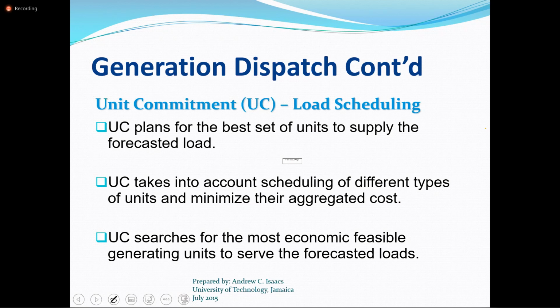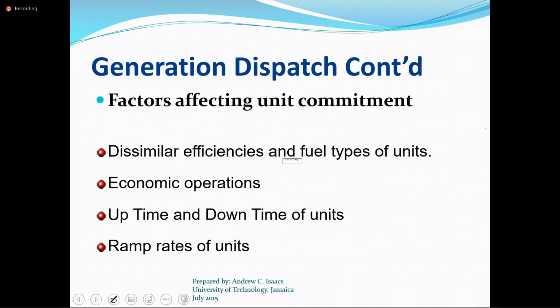We're looking at how the units operate, what needs to be put in place for their operation, and who needs to be there. All of these things will play into the unit commitment.